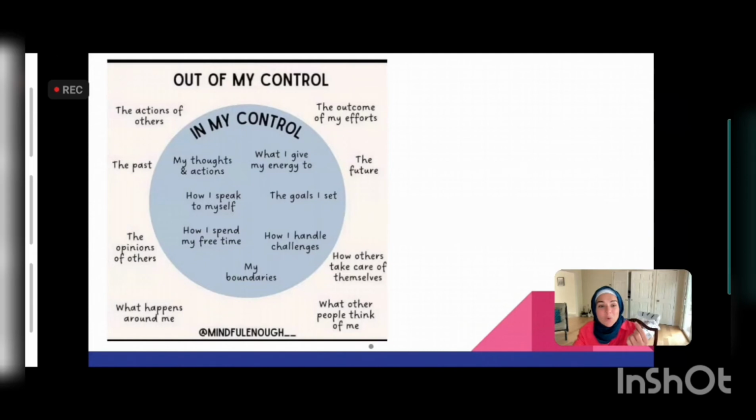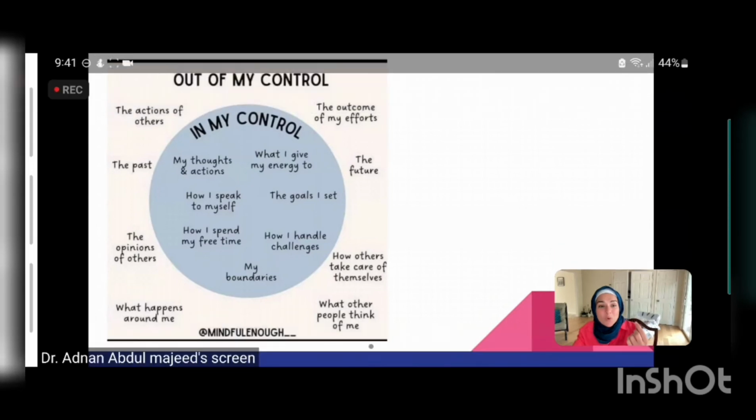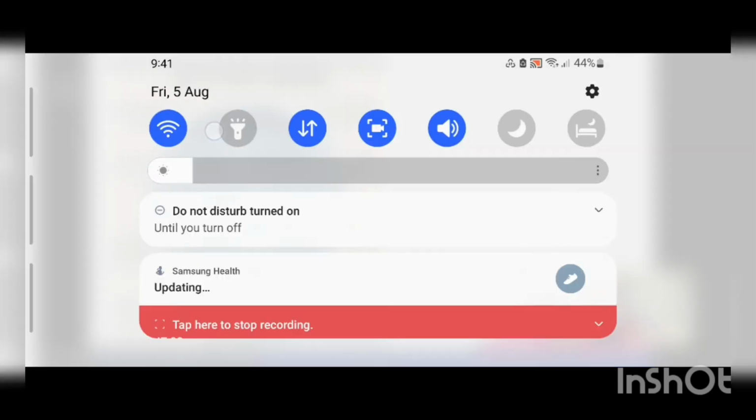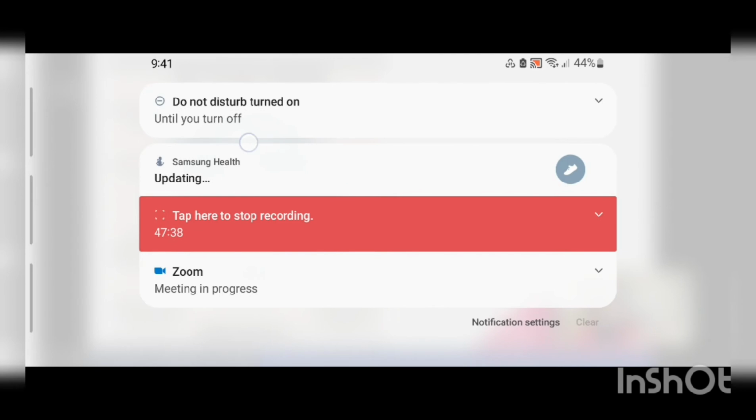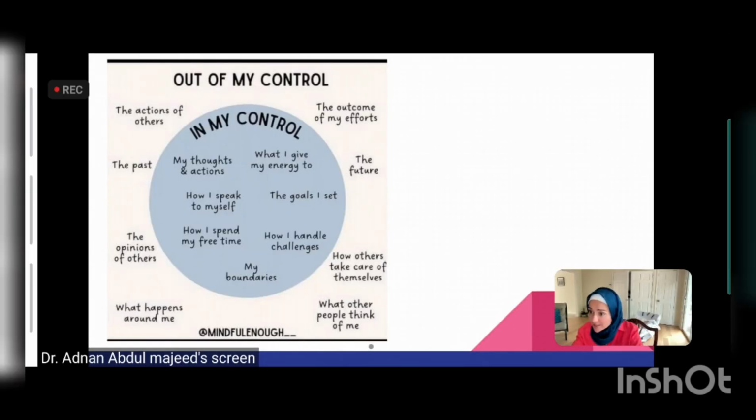So give your attention and your energy to the goals that you set, which are your goals, and to how you handle challenge.